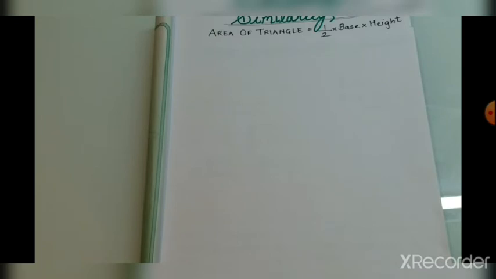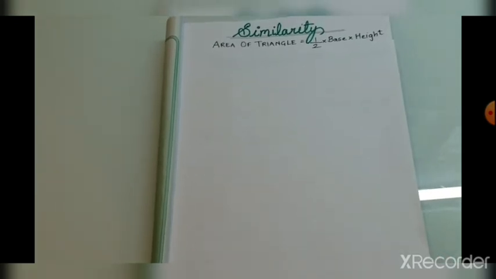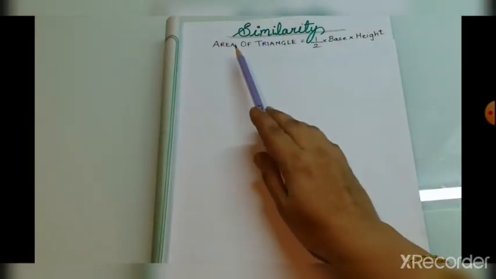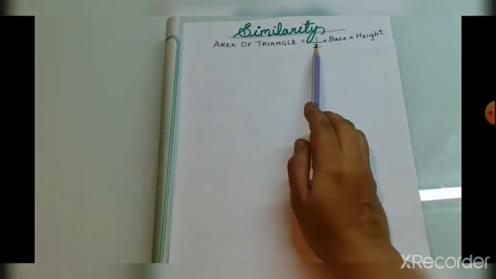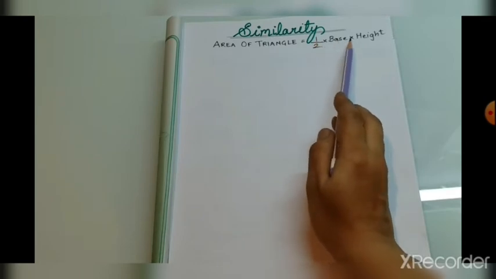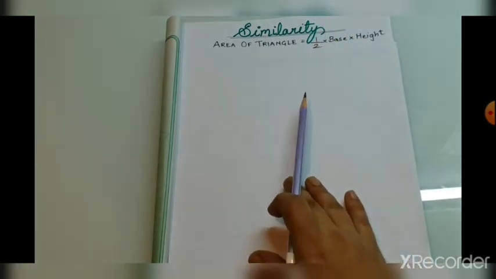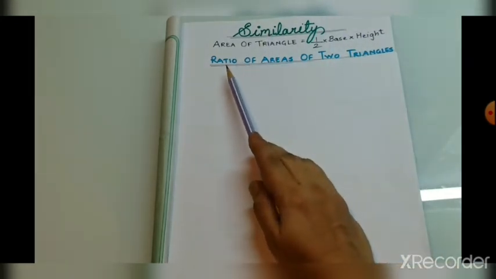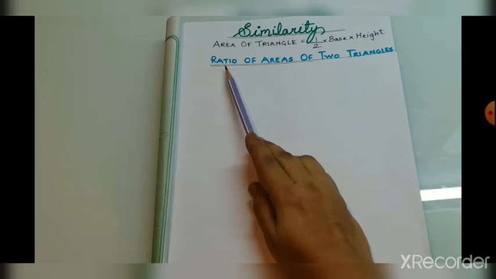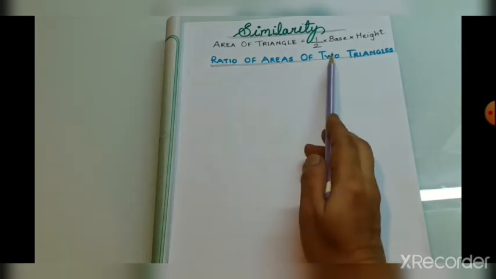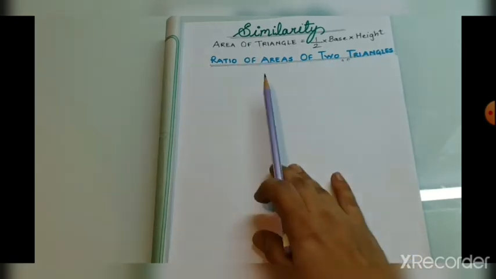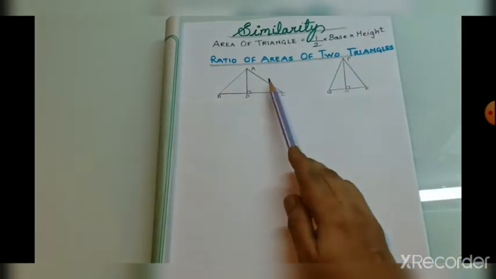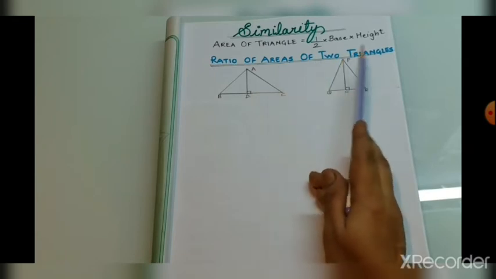Students, we have studied in the earlier standards the formula for area of a triangle. Area of a triangle is equal to half into base into height. The first property we will study in this lesson is ratio of areas of two triangles.